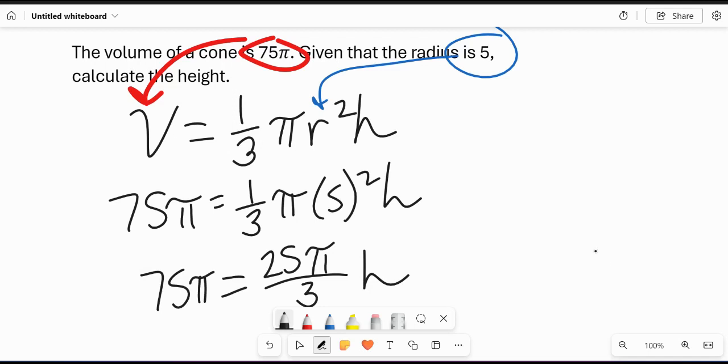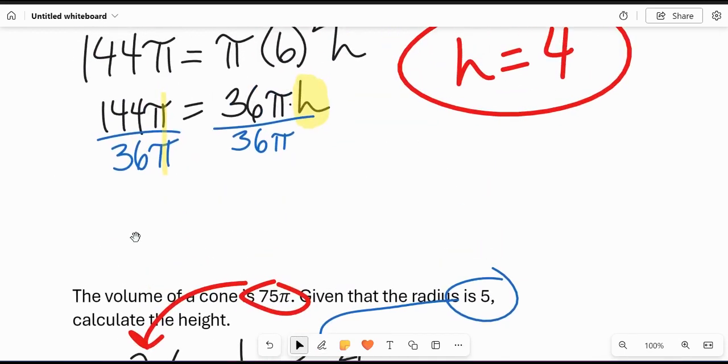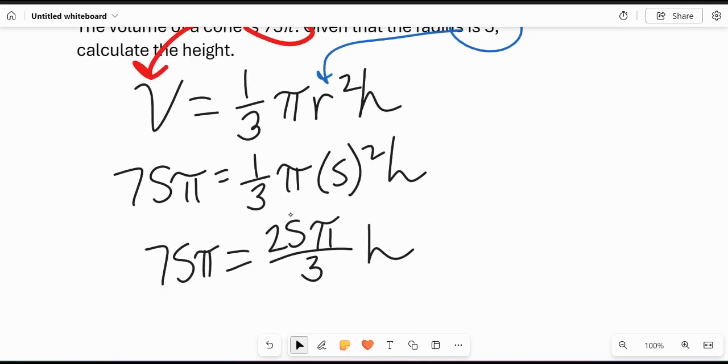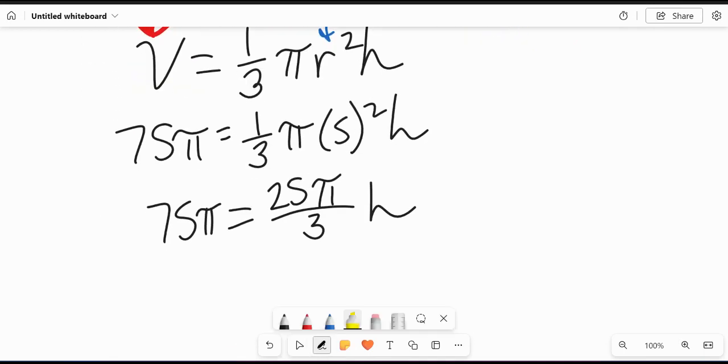Okay, now just like we had before, when we have pi's on both sides, so if I took a look up here, remember we had a pi on both sides and they eventually canceled out, right? This canceled out and this canceled out and the 36 is canceled. So when you have a pi on both sides, you can technically cancel them both out when it's all multiplication. So I can cancel those out right away.